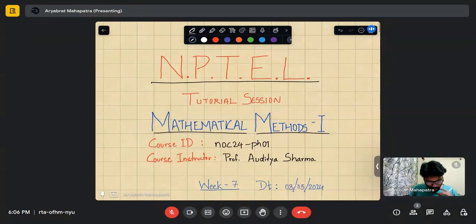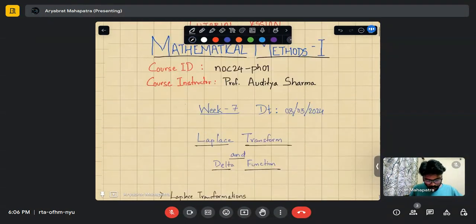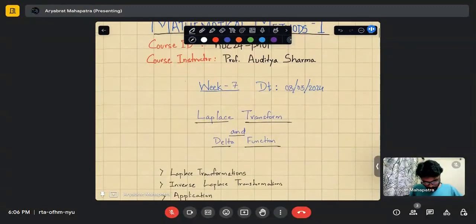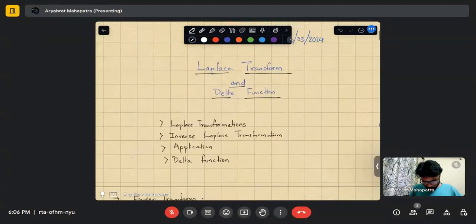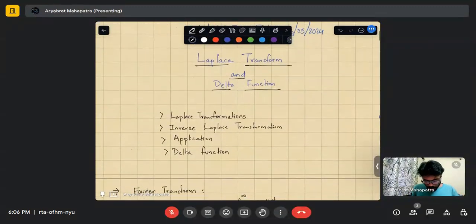So this is your week 7. Laplace transform and delta function are your topics. Particularly we'll see what are Laplace transformations and what are its inverse Laplace transformations, and one specific application that we will look at, that is using them we can solve ordinary differential equations.